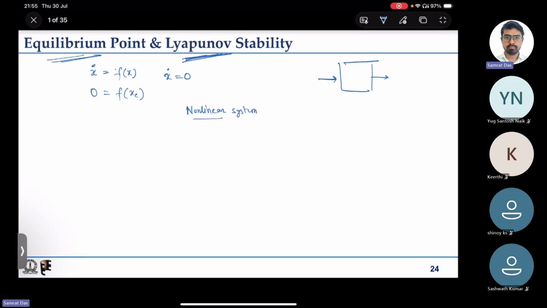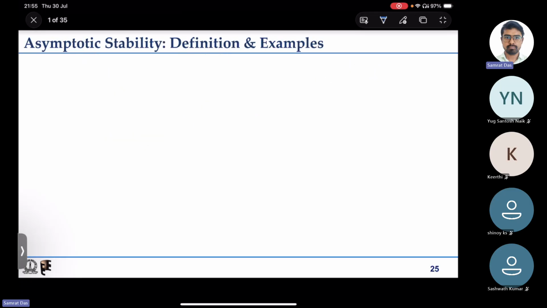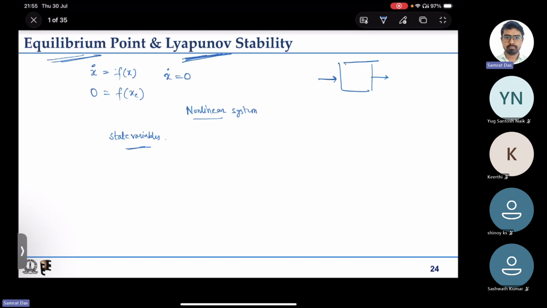So all systems will have some state variables. Say a state variable is x, and it has some equilibrium point, say xe. Now x, the initial condition, so x at 0 is equal to x0, which is sufficiently close to xe, that is, it starts very close to xe itself.